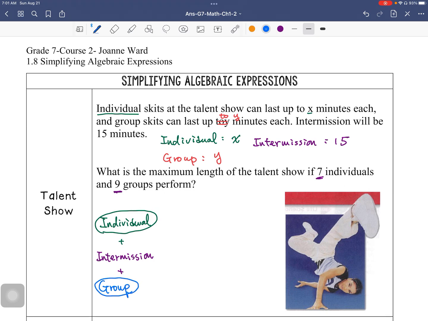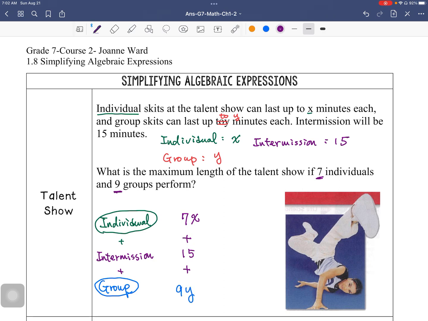In this case, it doesn't need to be done this way, because here the intermission is not clear; it may have 2 or more acts in it. So from here, 7 individual acts, each up to X minutes, plus the intermission, plus 9 group acts, each up to Y minutes.